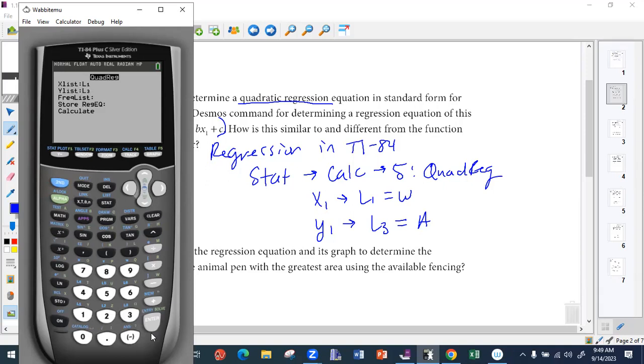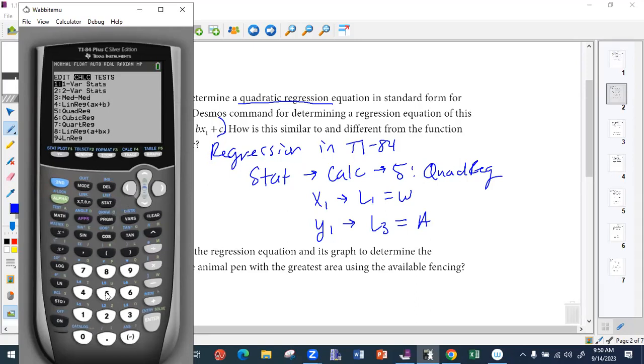And then calculate. And it's going to tell me my equation. There you go. Perfect.